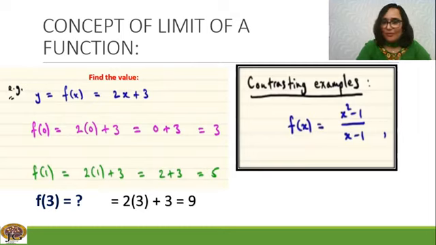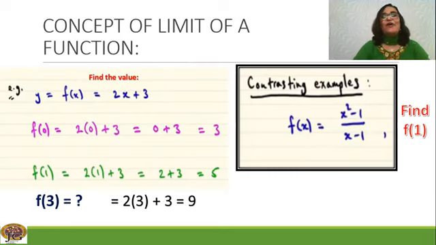Now, you can take any value of x, but I want you to find out for me f(1). So what you're supposed to do is, please substitute the value of x as 1. Wherever x is, substitute the value 1 and give me the answer. Come on, 5 seconds. It's easy.